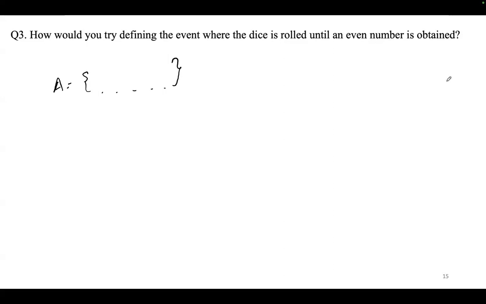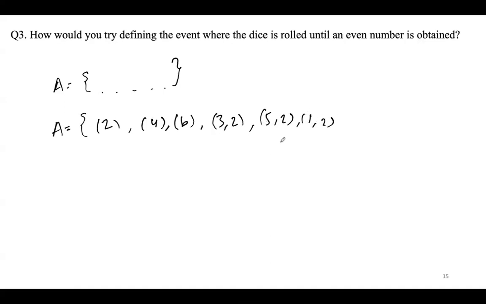It would be a slightly different notation than what you might be familiar with, but it's going to look like this. Let's say you got an even number in the first go. So the first one was just 2, or just 4, or just 6. Or what if you did not get an even number? So you got, let's say, 3 and 2. Or you got 5 and 2. Or you got 1 and 2.